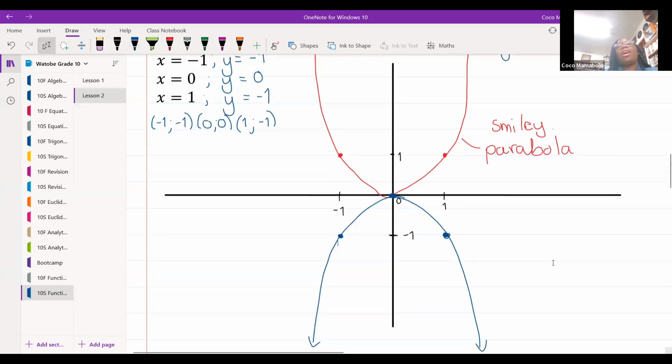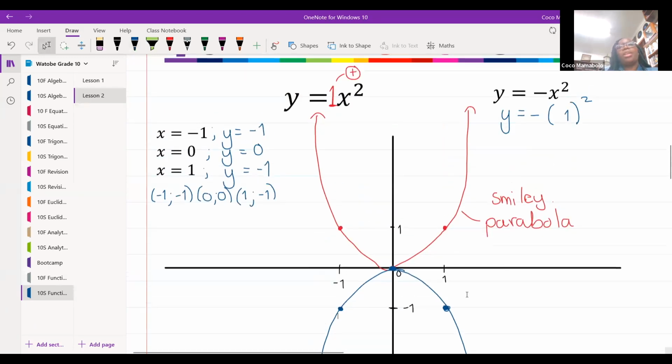Excellent. Now, what are we looking at? Jasmine, tell me about the coefficient or the number in front of x squared over here. The number in the front affects the gradient. Okay, in this case, would it be -1 or +1? A negative. Good, it's a -1.